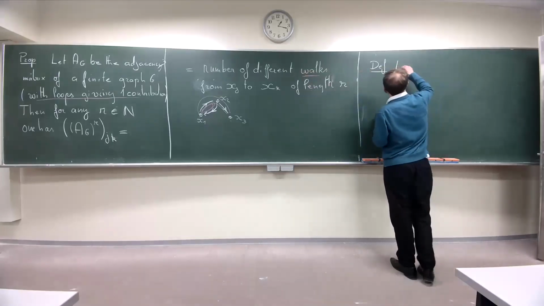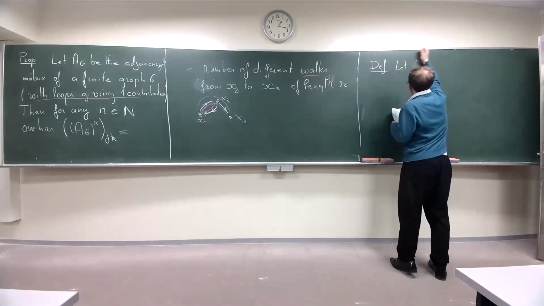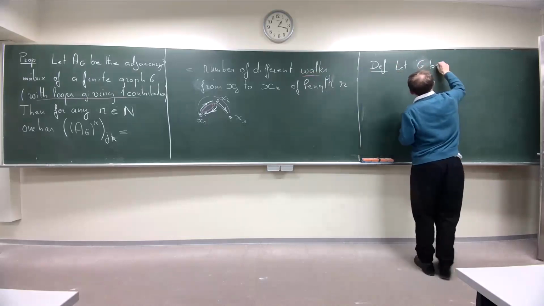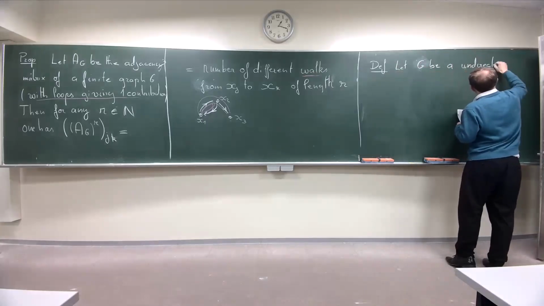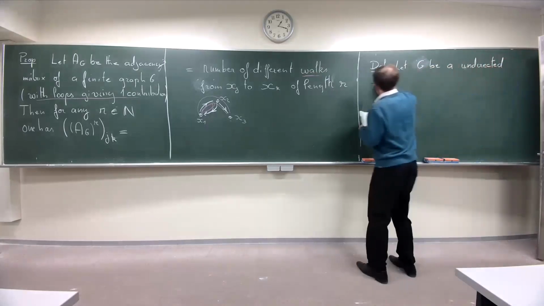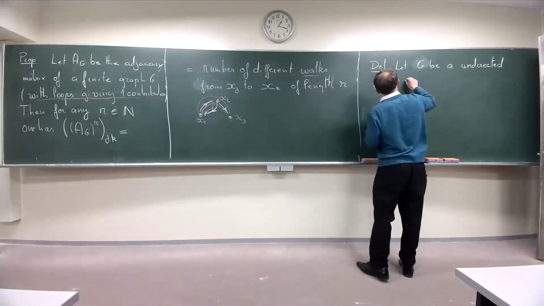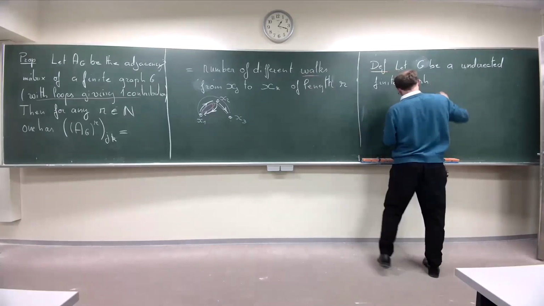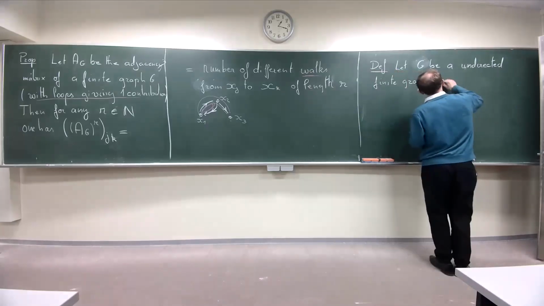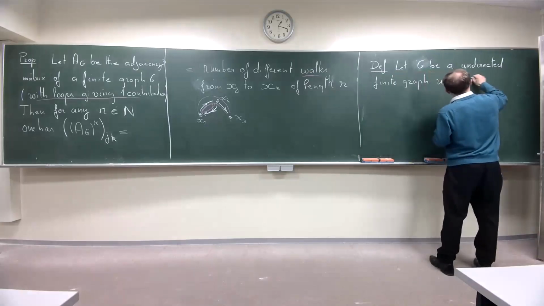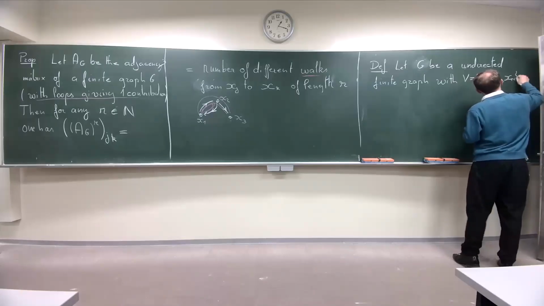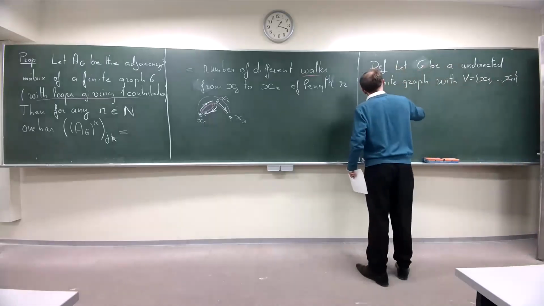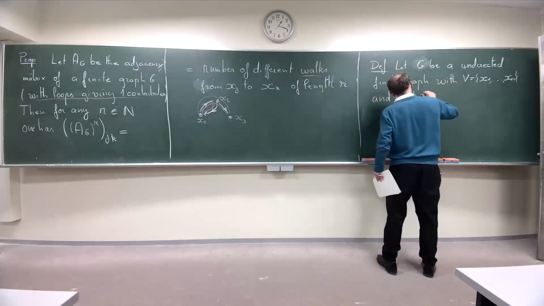So let G be first an undirected finite graph, again with N vertices, and the set of edges E1 to EM.